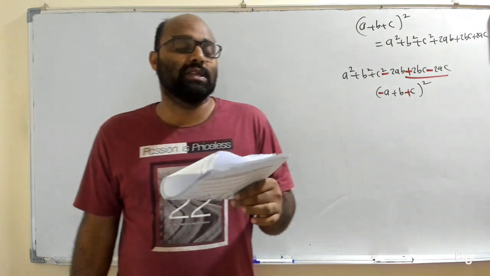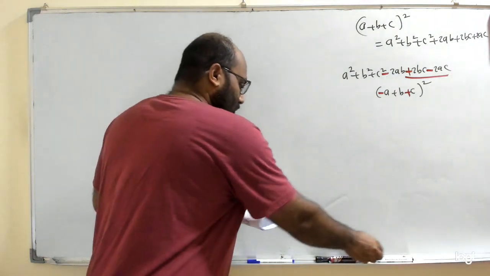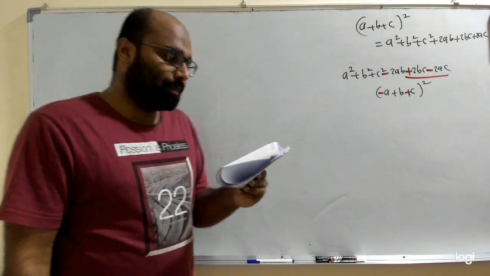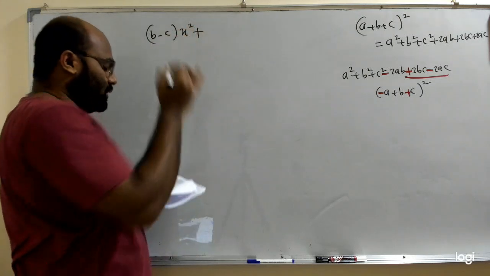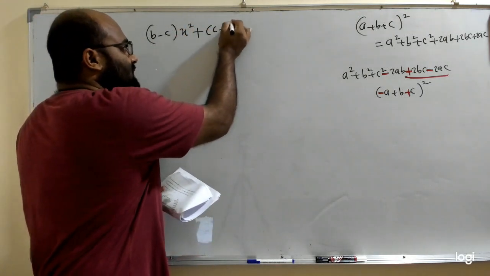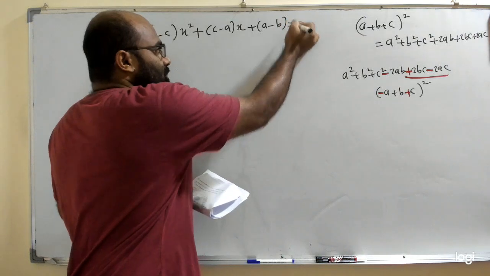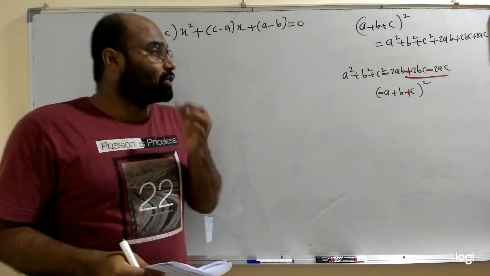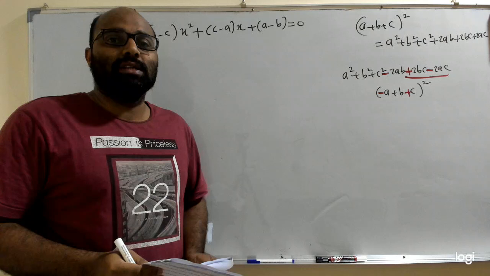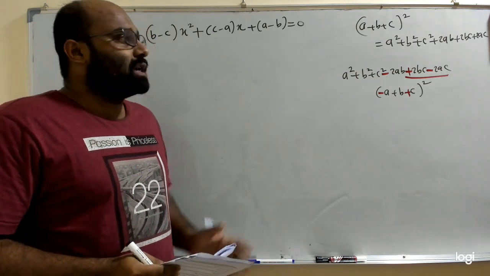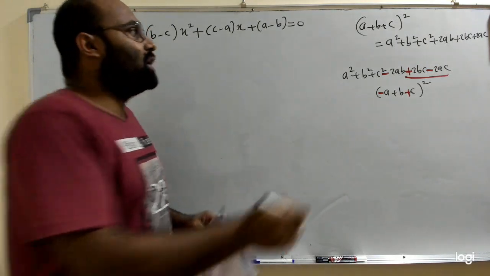Now a grade 10 question we are discussing. If the roots of the equation b minus c into x square plus c minus a into x plus a minus b equal to 0 are equal, then prove that 2b equal to a plus c.